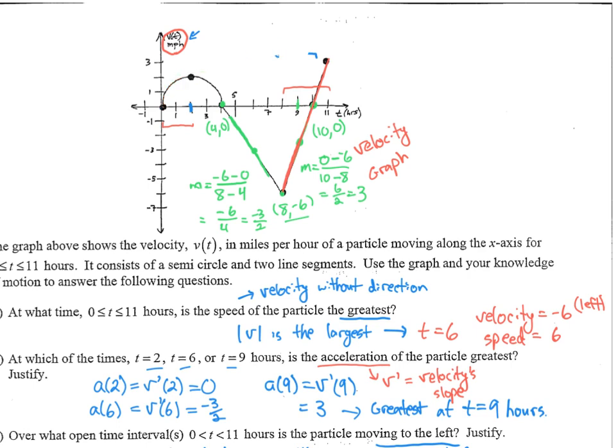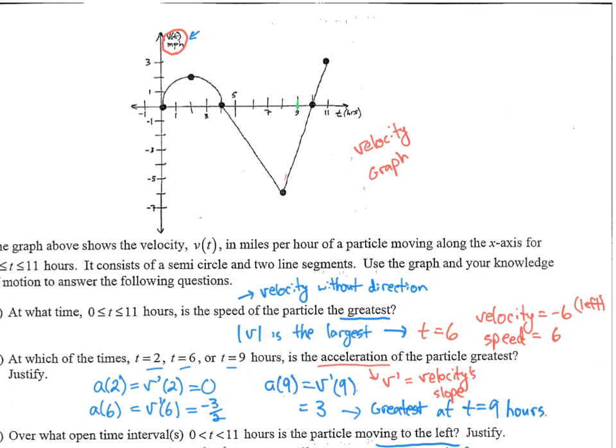So let's make this graph a little cleaner. Okay. So let's write some things so we want to make some observations where the particle is speeding up. Okay. So again, I'm looking for where the velocity and the acceleration have the same sign, whether they're both positive or both negative.